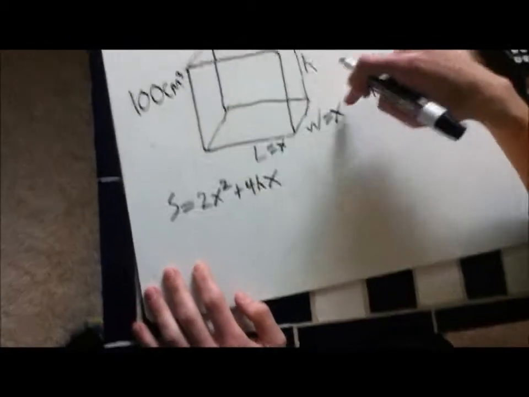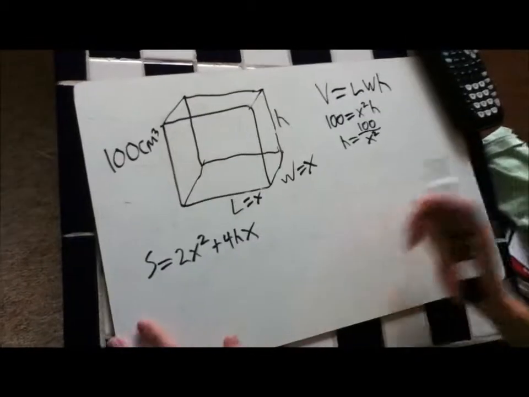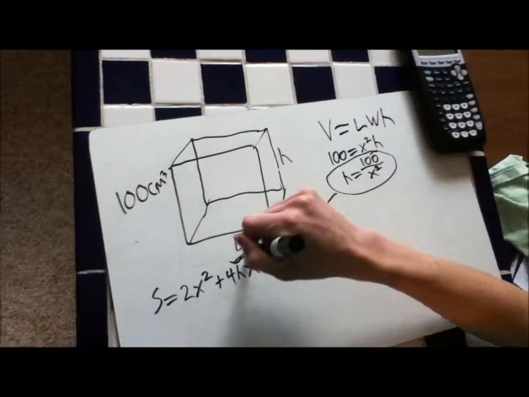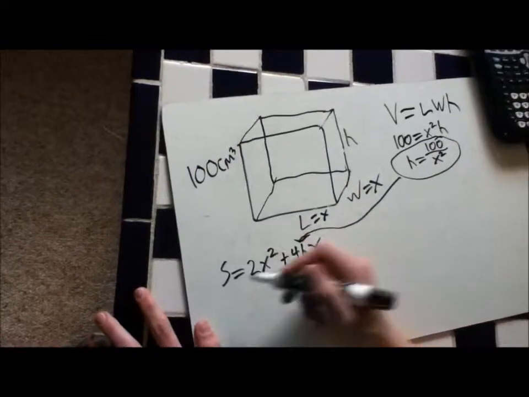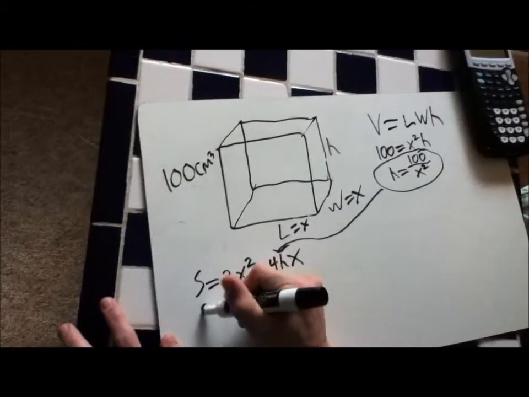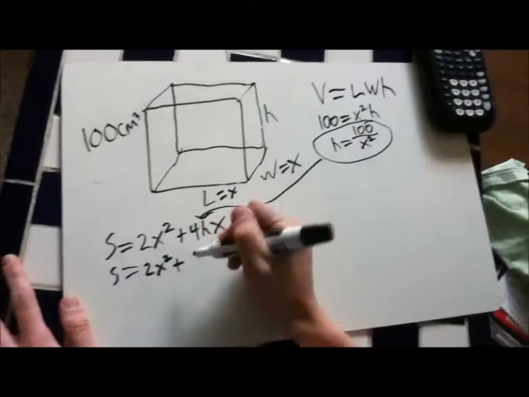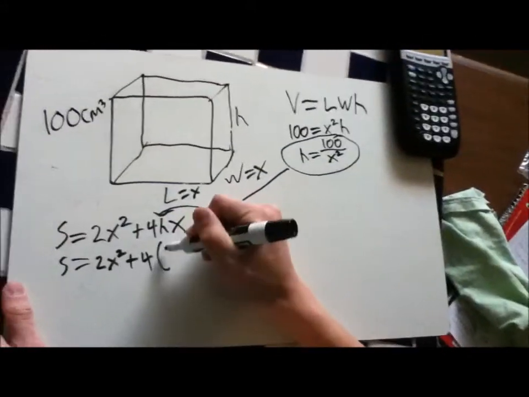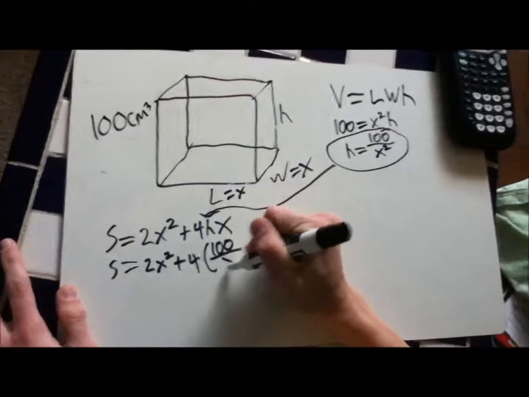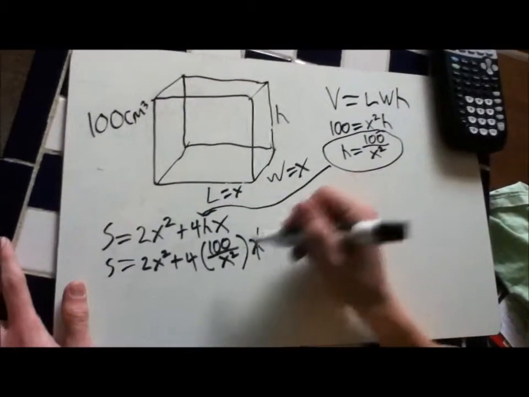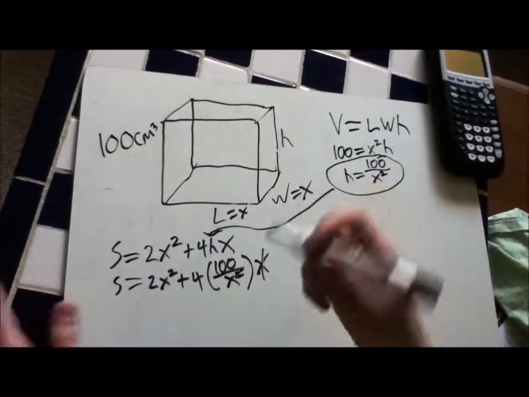So there's 2 x squareds and 4 x h's. We're going to take the h equation and plug it in so we can get all x's. So we get surface area equals 2x squared plus 4 times 100 over x squared times x. And that x cancels out the x squared.